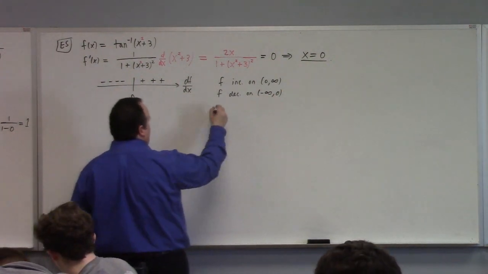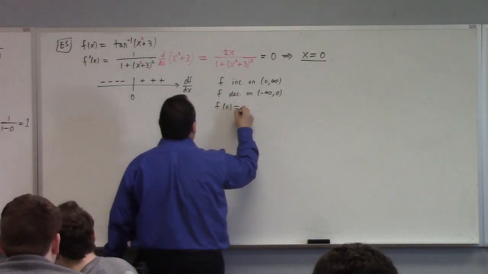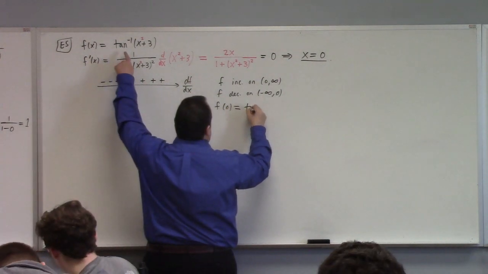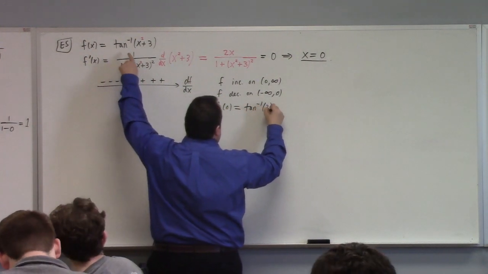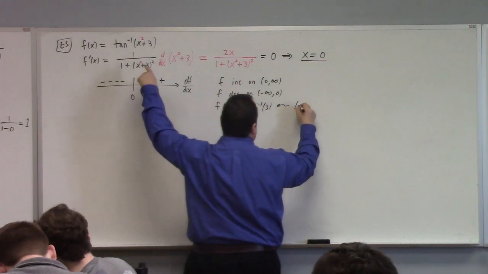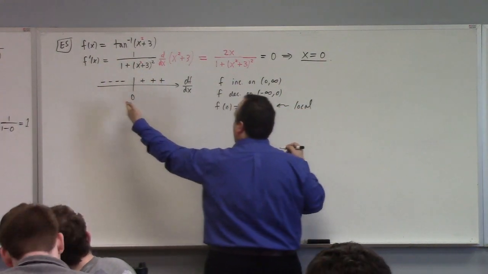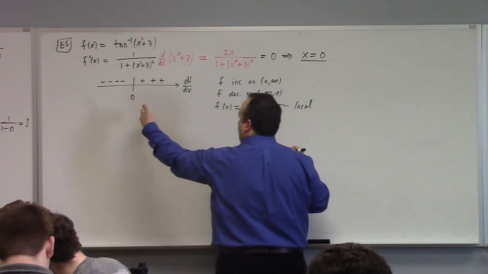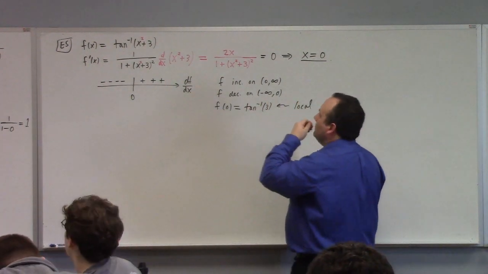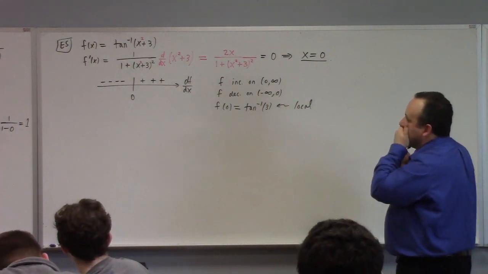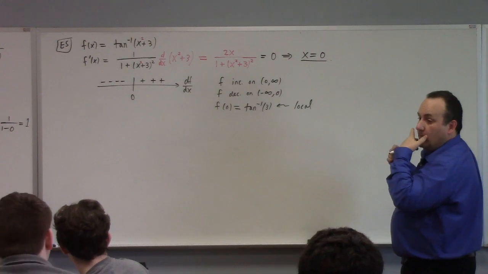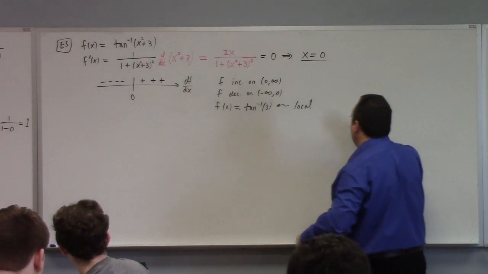And what's that make f of 0? f of 0 is inverse tangent of 3. This is a local what? Local min? Very good.